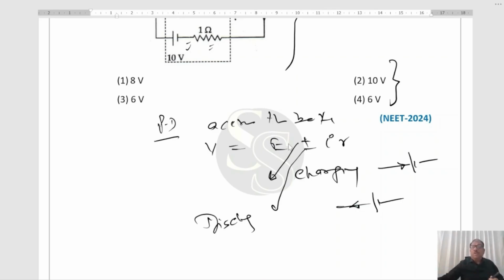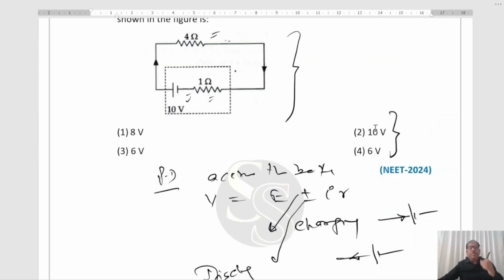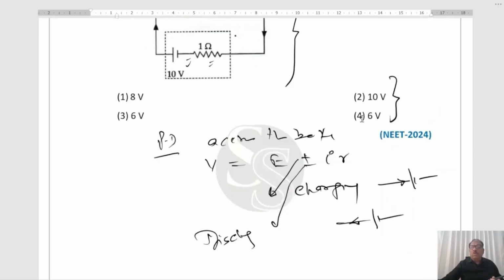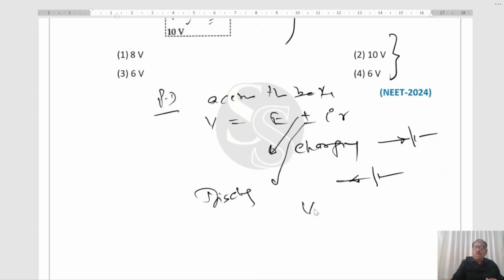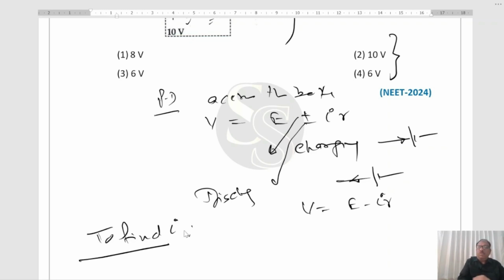In this case, we have to find the potential difference across the battery. So it is the case of discharging. So V will be equal to E minus IR, right? To find I, according to Ohm's law, I equal to applied EMF 10 divided by equivalent resistance 4 plus 1, that is 2 ampere.